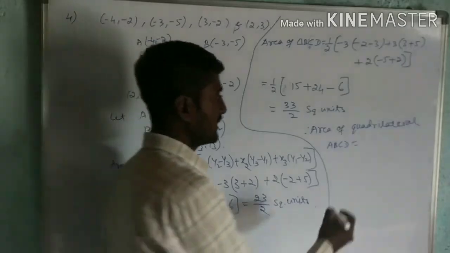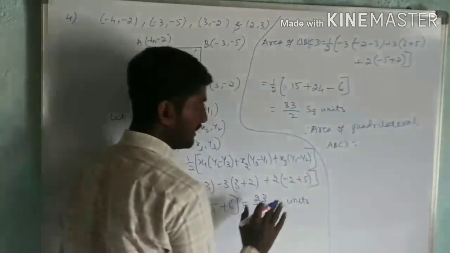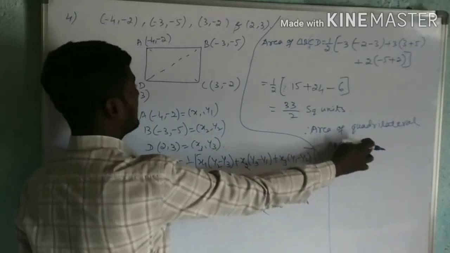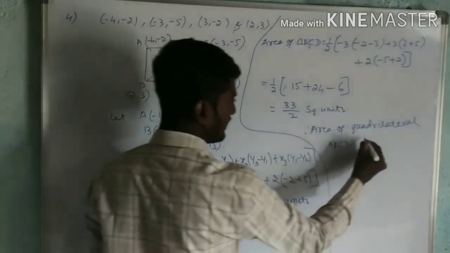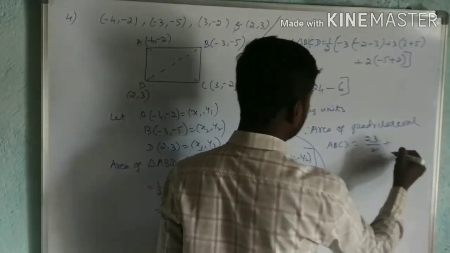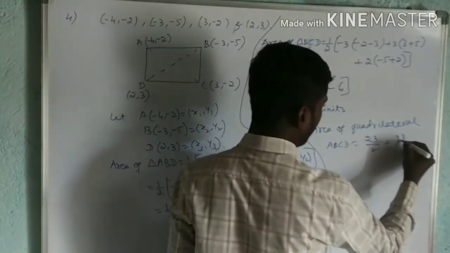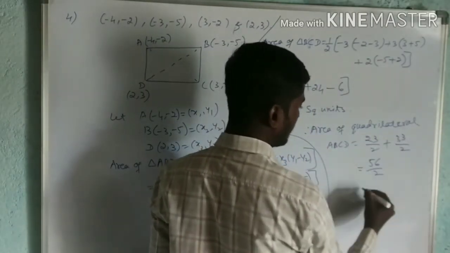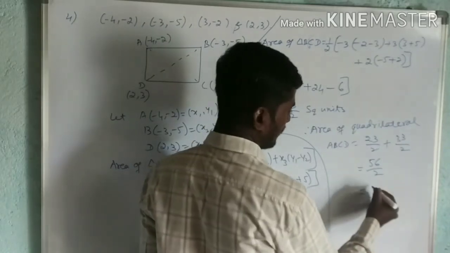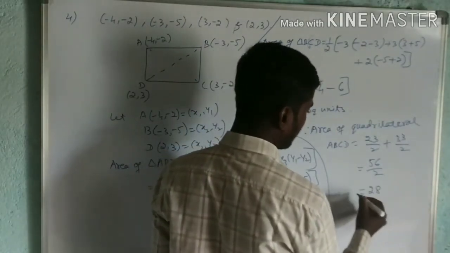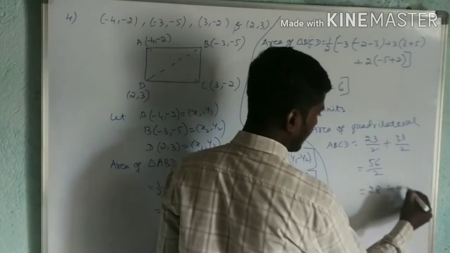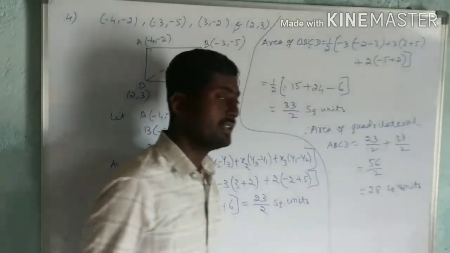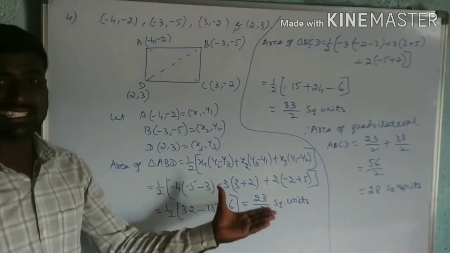So that is 23 divided by 2 plus 33 divided by 2. So 56 divided by 2. So how much is it? 28. Am I right now? So this is 28 square units. This is the area of quadrilateral ABCD.